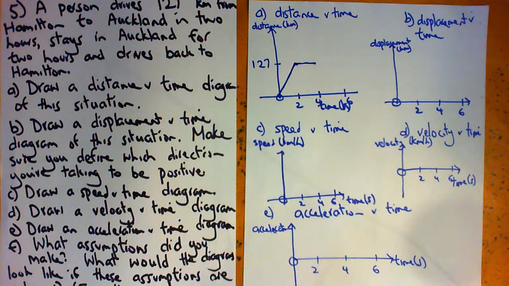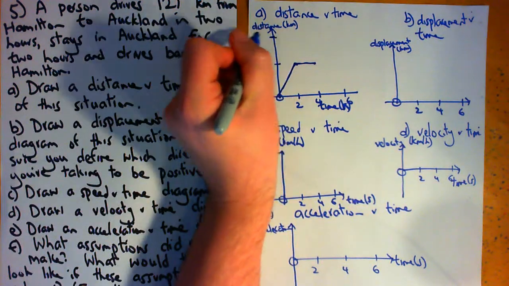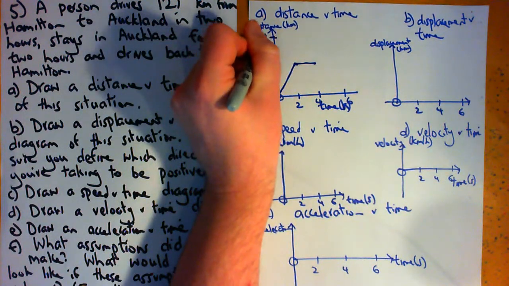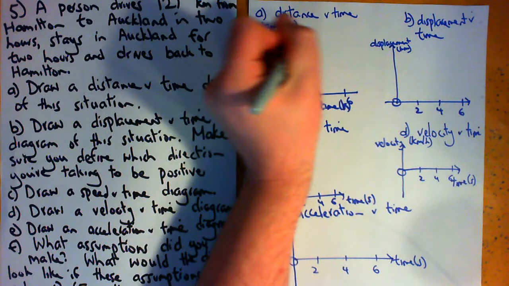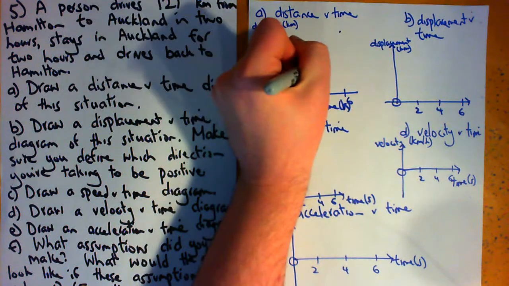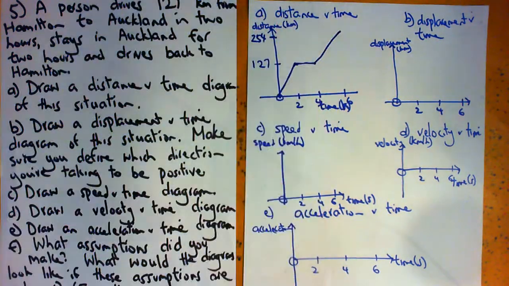And then between the 4 hour mark and the 6 hour mark they travel another 127 kilometres, so they will have travelled by that time a distance of 254 kilometres in total. So that's what the distance versus time diagram of the situation is.